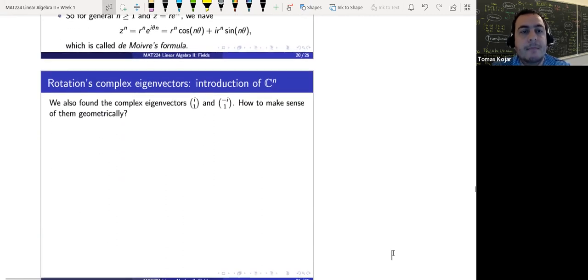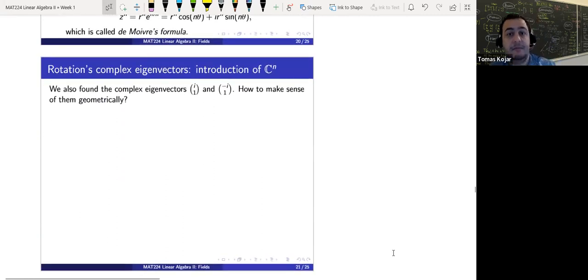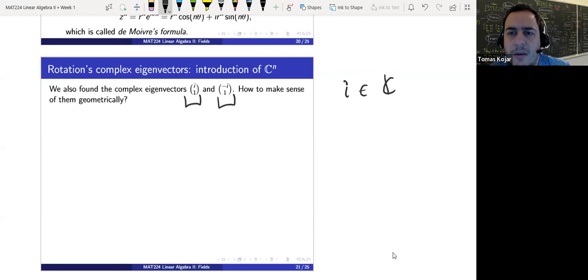All right. Now let's talk a little bit about C^n. For that rotation matrix, we found the eigenvectors (i, 1) and (−i, 1). These were the two eigenvectors. And then you might ask, okay, I understand that i is in the complex numbers, but what about the vector (i, 1)?